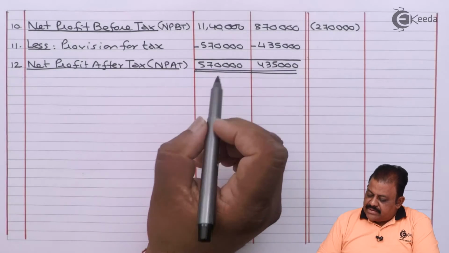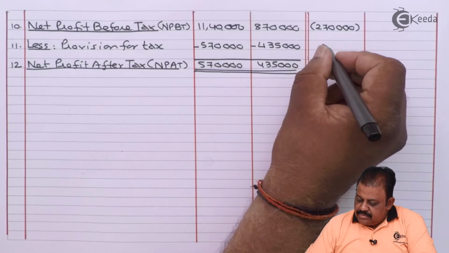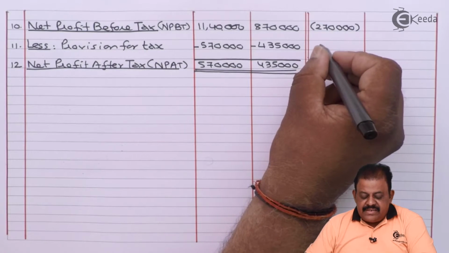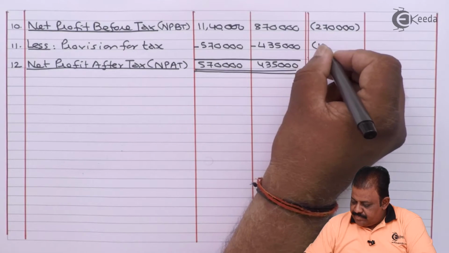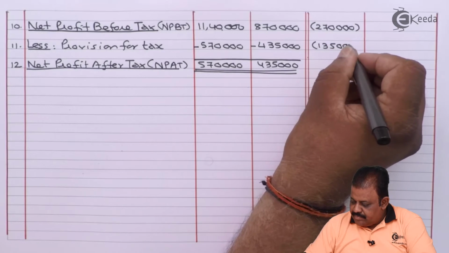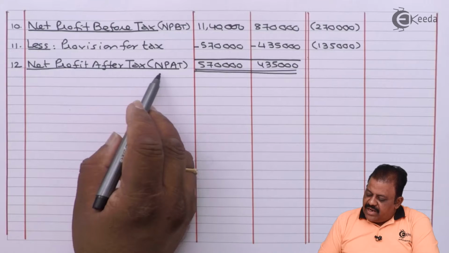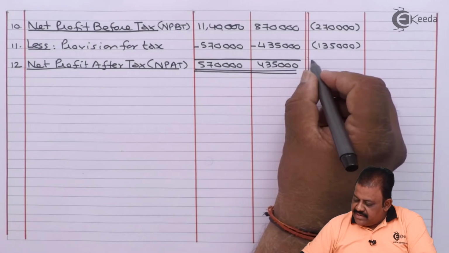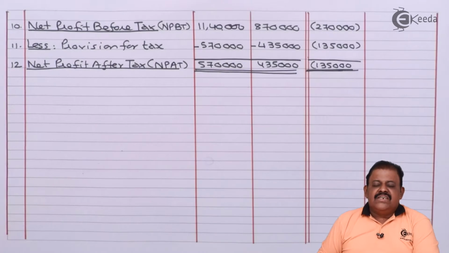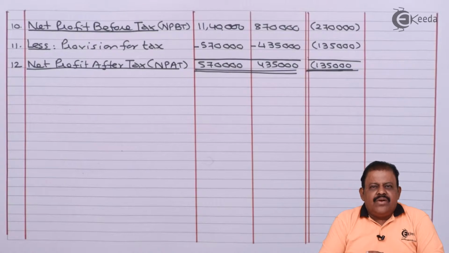Provision for income tax, there is decrease 1 lakh 35,000. Net profit after tax, there is decrease 1 lakh 35,000. We have calculated absolute increase and decrease. Let us calculate now percentage increase and decrease.